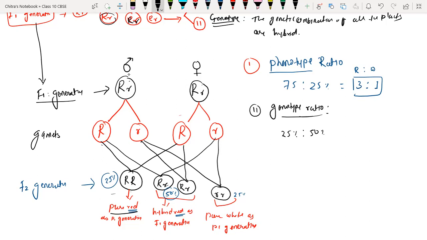And here we have pure white, which is 25%. So it is pure red, hybrid red, and pure white. So their simple ratio will be 1:2:1. So the genotypic ratio of the F2 generation for monohybrid cross will be 1:2:1, and the phenotypic ratio will be 3:1.